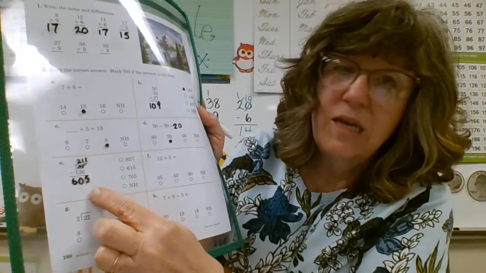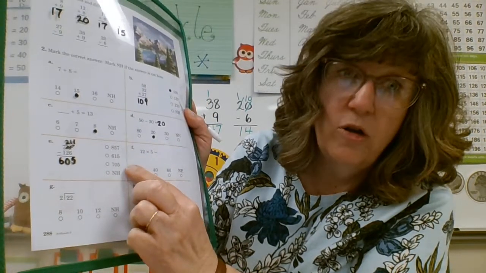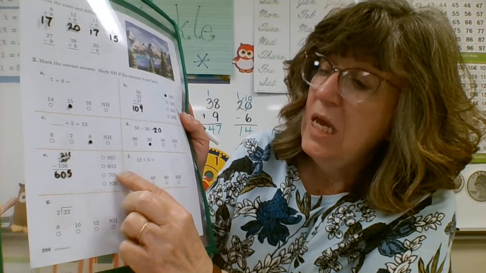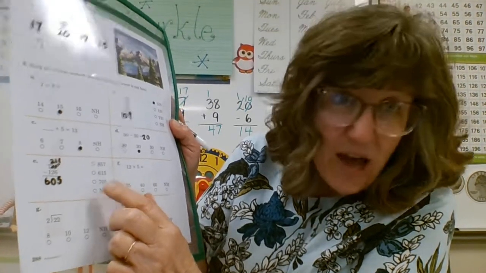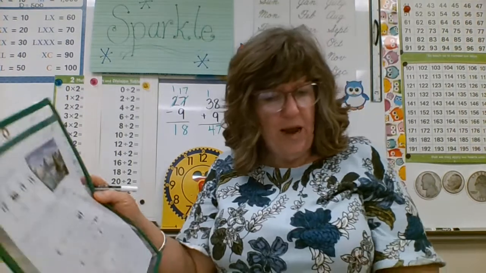Did you get 605? Now, Caleb, is 605 over on our choices? 857, 615, 705, or not here? Which one? Correct. It is not here. So we're going to mark that NH. That would be good practice if we were doing our test, wouldn't it?